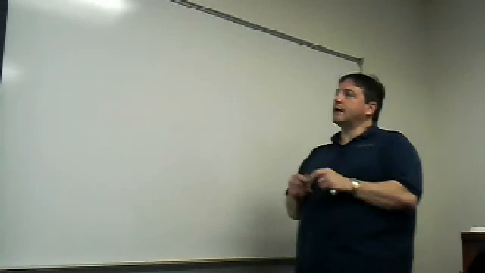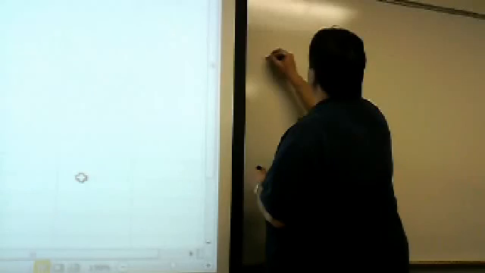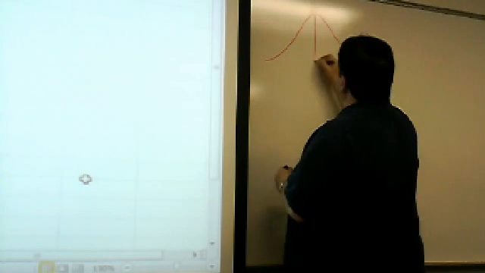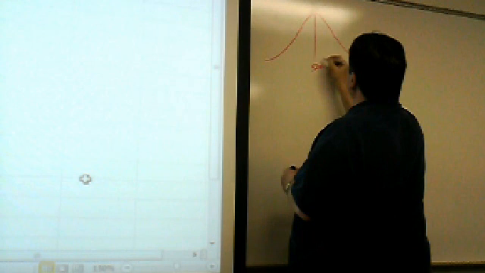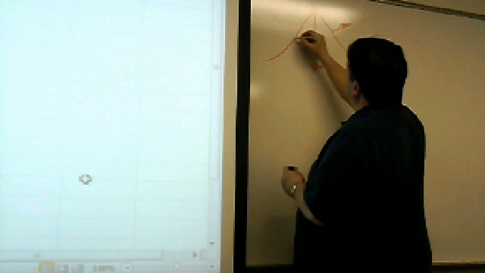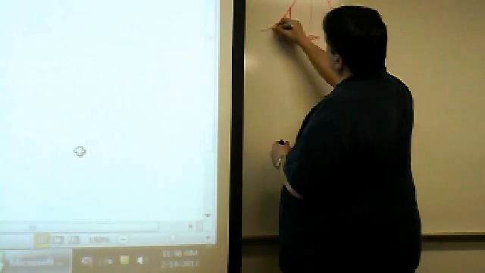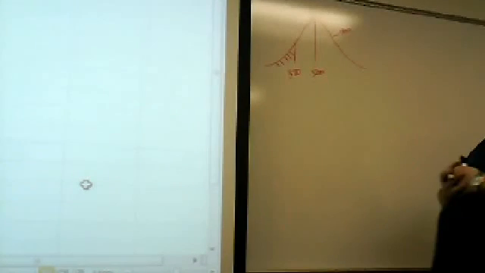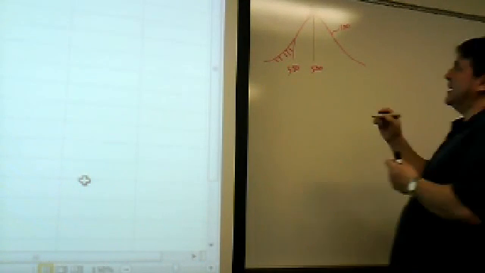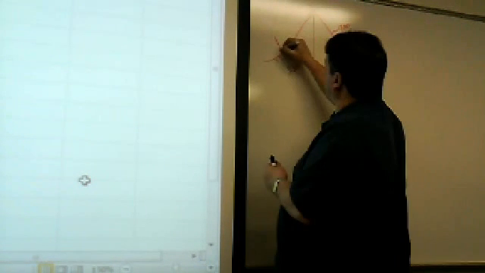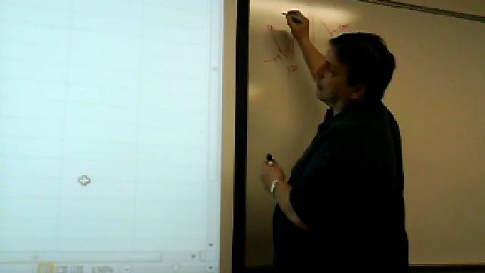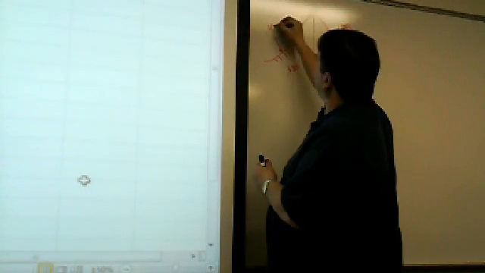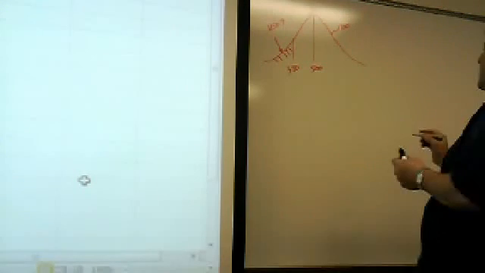So the area to the left of 380, with a mean of 500 and standard deviation of 100, is 11%, or 0.11507.